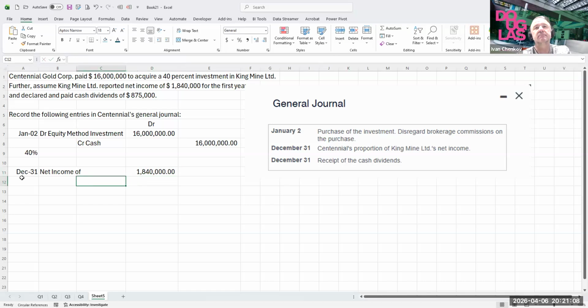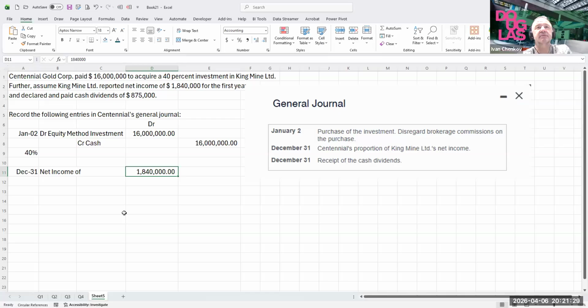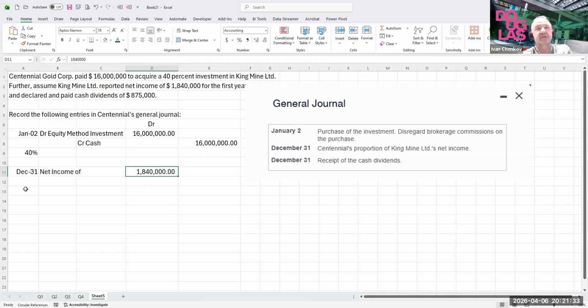How much is ours? They have that income. How much is our income? I was about to say 60% of that. Why 60? We purchased 40% of the shares of this company. Sorry, we own 40%. So 40%.